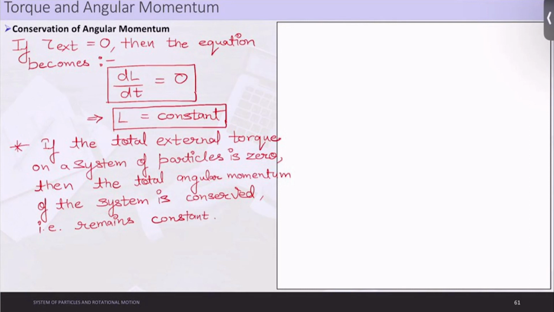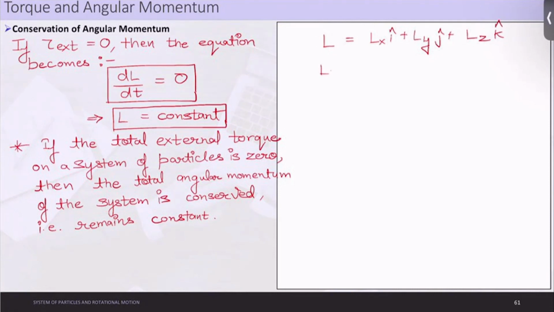As with the same analogy we referred to in the previous concept regarding conservation, let us say that L is written as Lx i cap plus Ly j cap plus Lz k cap, because it is the cross vector product of R cross P, and therefore this will also be a vector.